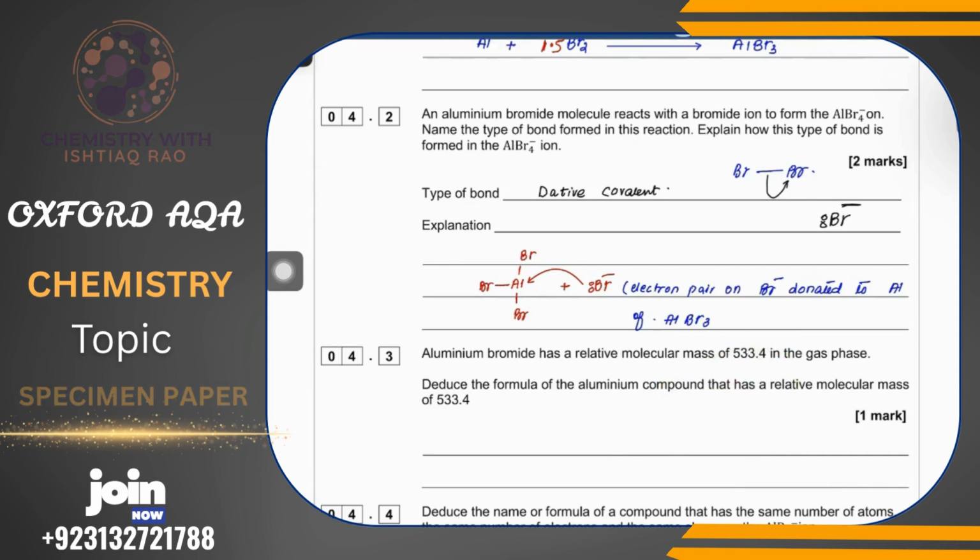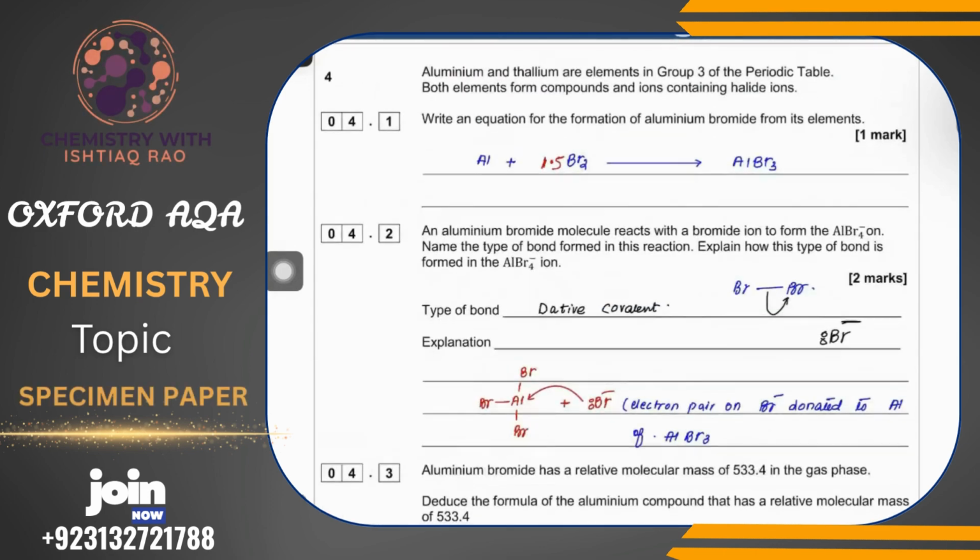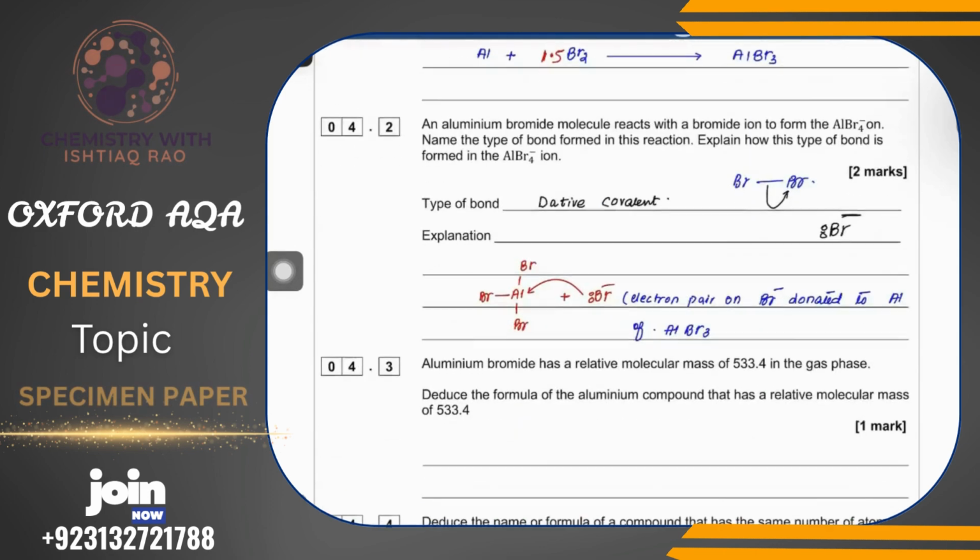Wait, I'll find it for AlBr3. Aluminum bromide has a relative mass of 533.4 in the gas phase. No, I don't get it. Could you repeat what I have to do?